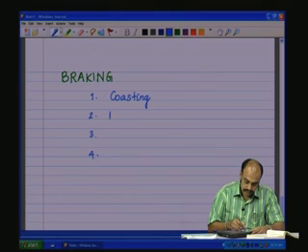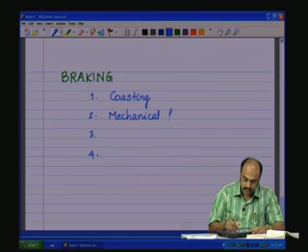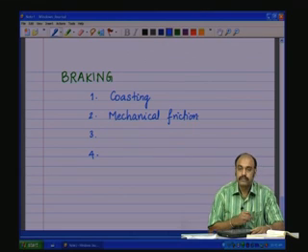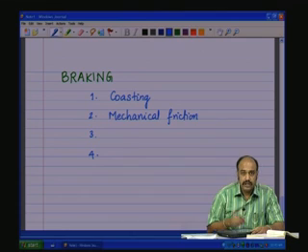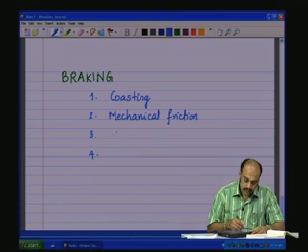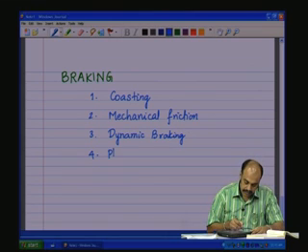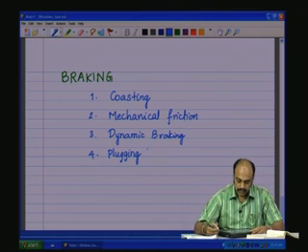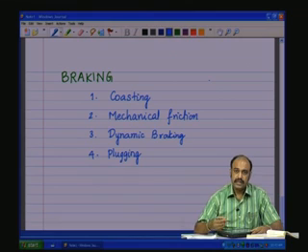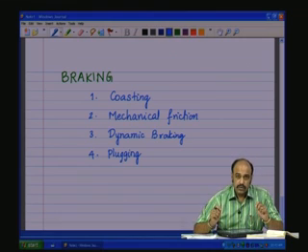The second one is by applying mechanical friction on the mechanical side. The third one, on the electrical side, is applying a load, which is called dynamic braking. And the fourth one is called plugging. These are the 4 methods in which one may try to stop the motor.